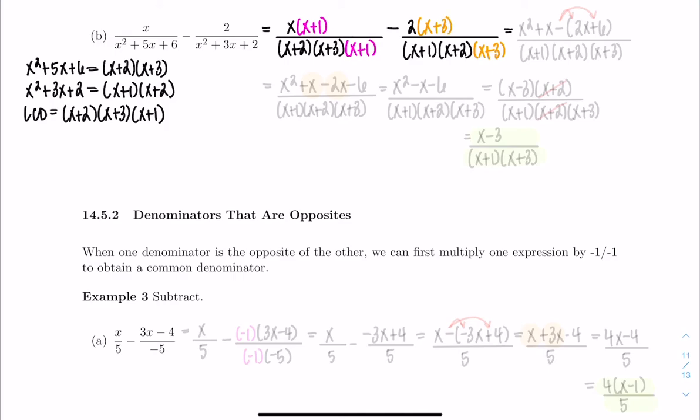And so let's go ahead and distribute the x in the first numerator. That's x squared plus x. We have that subtraction sign, and we want to distribute the 2. And so we end up with 2x plus 6 all over our LCD.